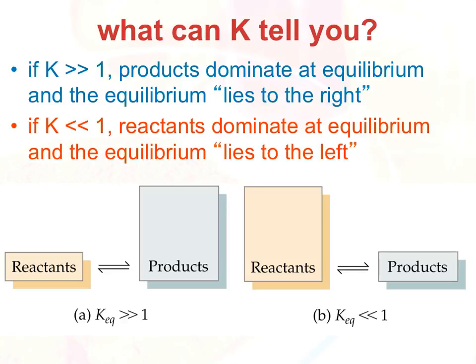If your K value is very small, we're going to say, obviously, that the reactants in that specific case are present in larger quantities. And so the reaction equilibrium is going to lie to the left, meaning that we have more reactants present than products. So basically your K value can tell you the relative predominance of reactants or products with respect to a specific chemical process.